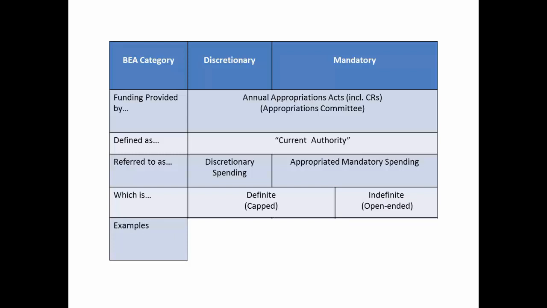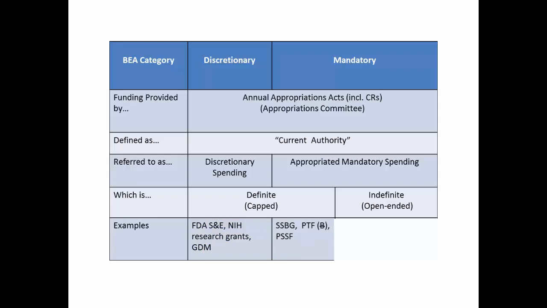There are a lot of examples of definite or capped discretionary appropriations. In fact, virtually every discretionary HHS appropriation made available in annual appropriations acts fits in this category, including FDA's salaries and expenses, NIH's research grants, general departmental management, and so on.